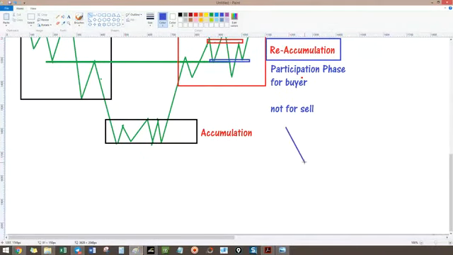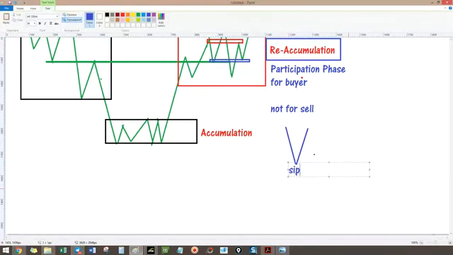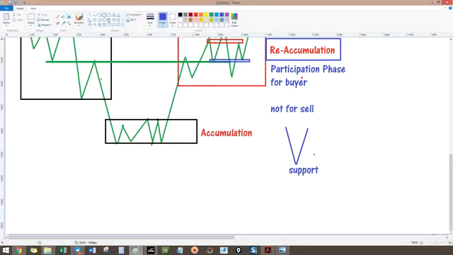When a structure breaks like this, you have a support. When it is broken, you have a level here. When it is broken, what it does is it will make another base here like this.